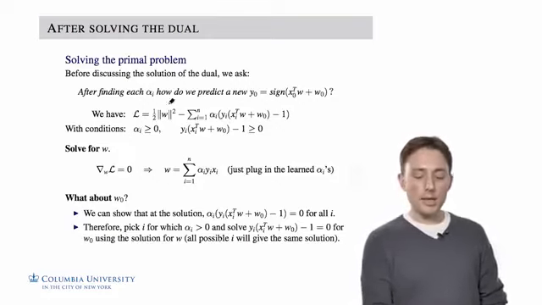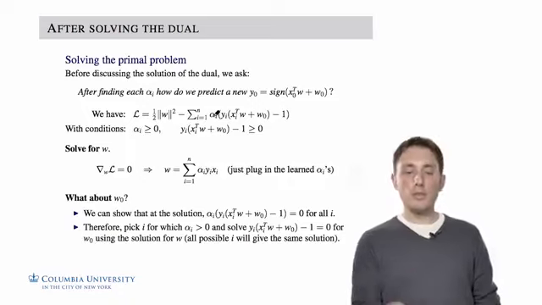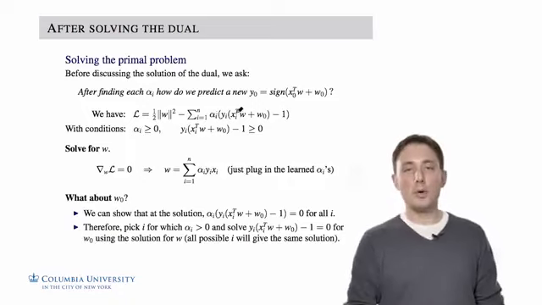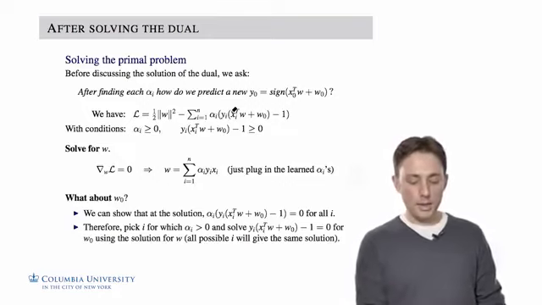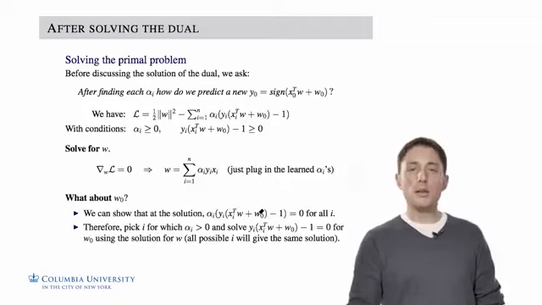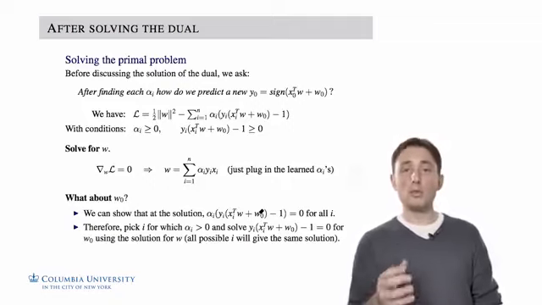And that's simply by looking at this objective function and realizing that we're trying to minimize over w and maximize over alpha. That will tell us that at the solution, they can't both be positive. So what that means is that, in order to find the value for w naught, we find a particular i for which alpha is strictly greater than 0.